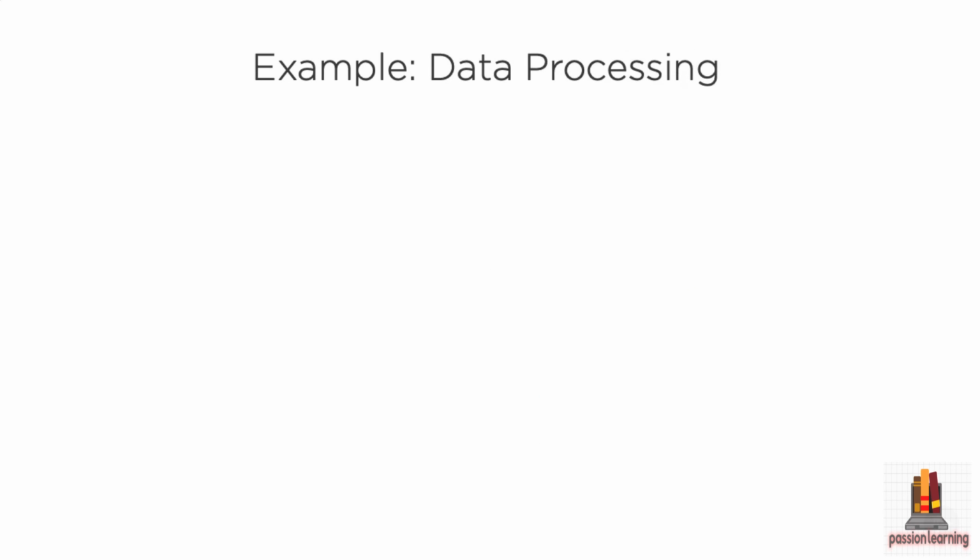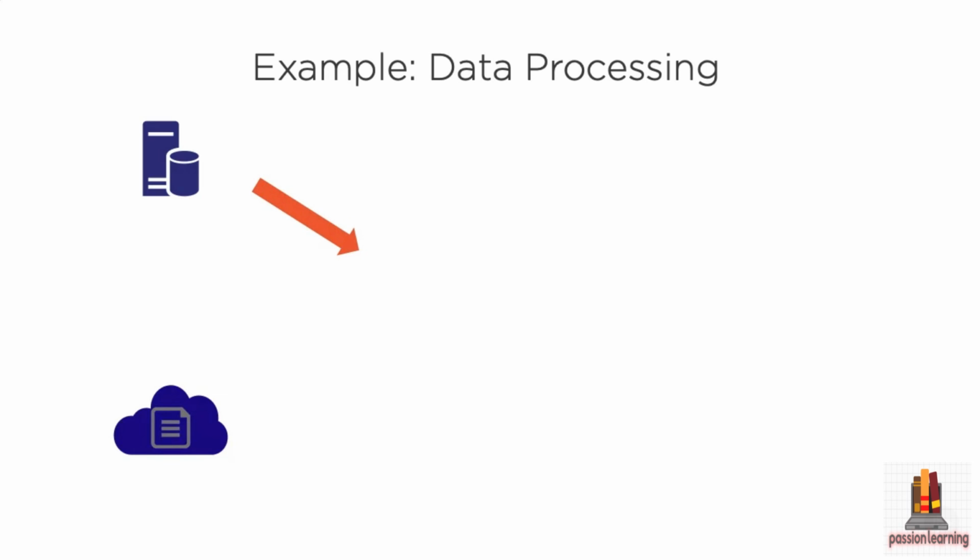And finally, if we look at an example of data processing, you may have some data in your own data center on premise that you want to be able to extract, or you might have data in another cloud, something outside of Azure where you've got some data stored in another blob system, log files, or other data, and you want to be able to pull all that in and use Azure Data Factory then to process it.